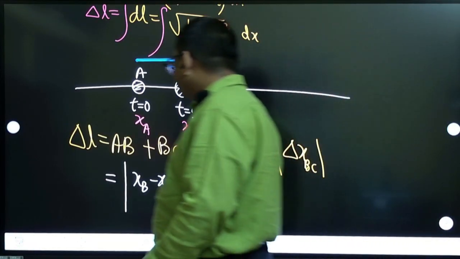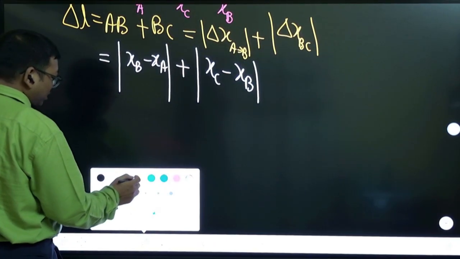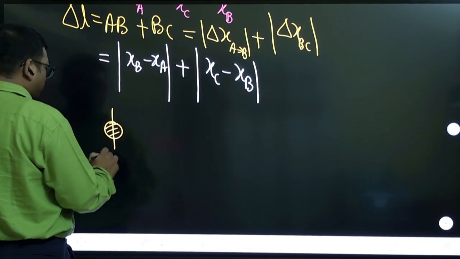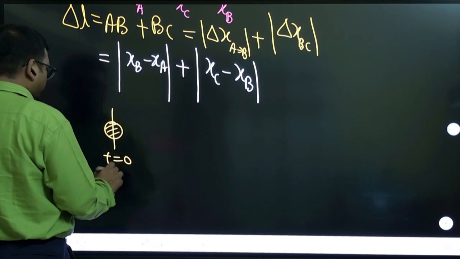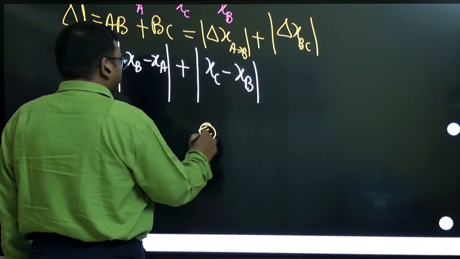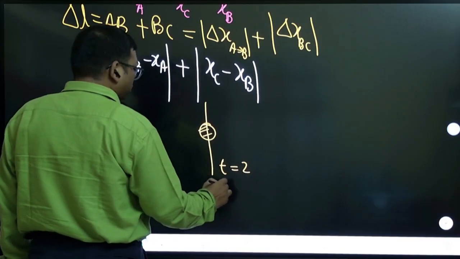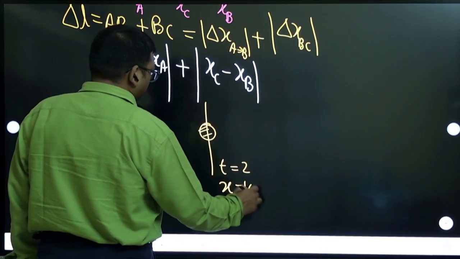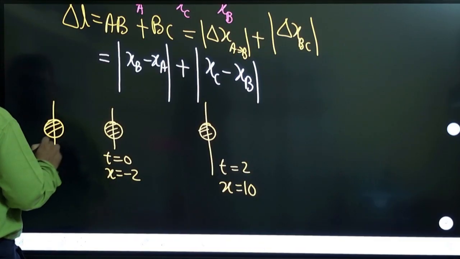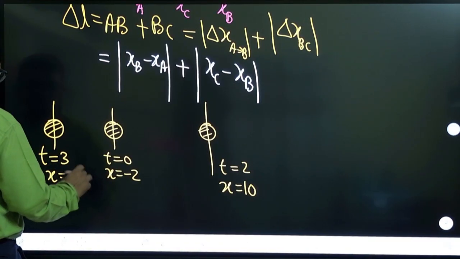So let us take one question. If you're clear, let us take one question. Calculate distance and displacement both. Suppose the body is moving. At time 0, x is equal to minus 2. Then at time 2 second, x is equal to 10. Then at time 3 second, x is equal to minus 10.